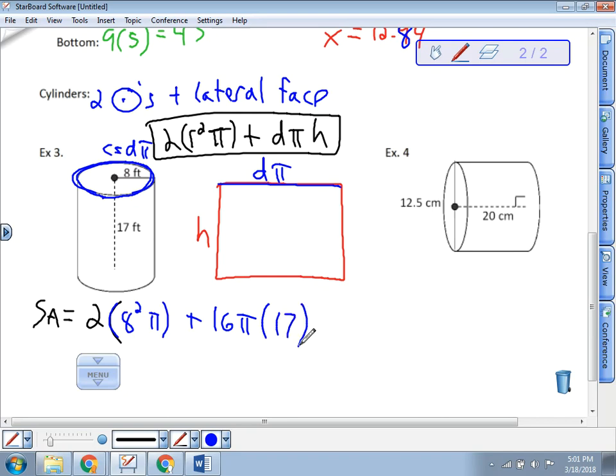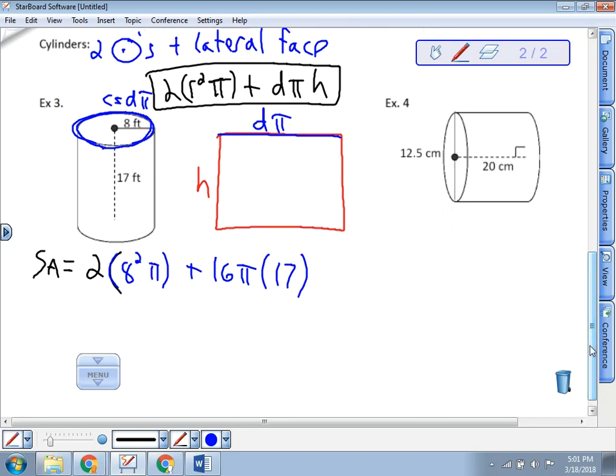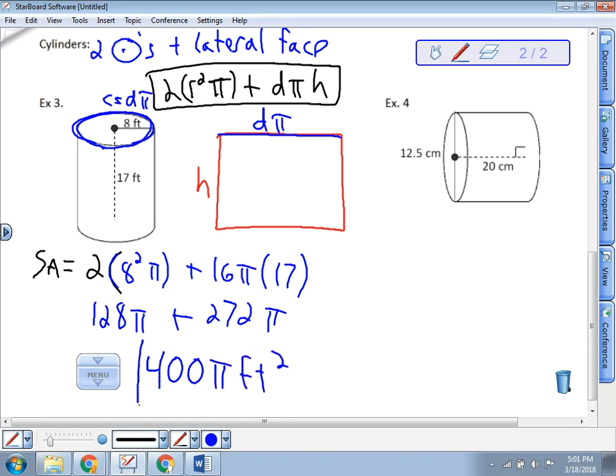So we get 64 times 2 is 128 pi, plus 16 times 17 is 272 pi. Combining those, our final answer, surface area, is going to equal 400 pi, and that's square feet, as the total surface area, just adding up all of those values.